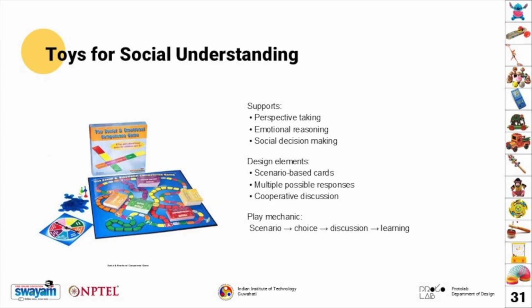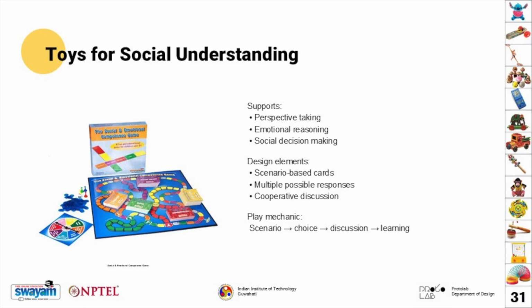Social understanding is difficult to teach through instruction alone. This game presents real life social situations. Instead of right or wrong answers, it offers possibilities. Children think, predict, and discuss outcomes, and because the answers are negotiable, participation increases.